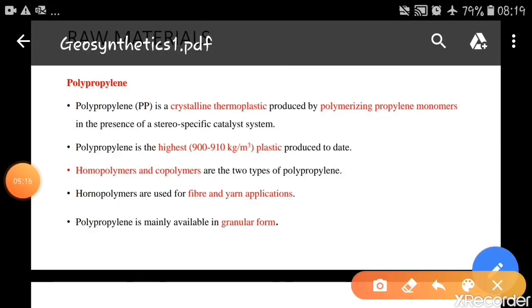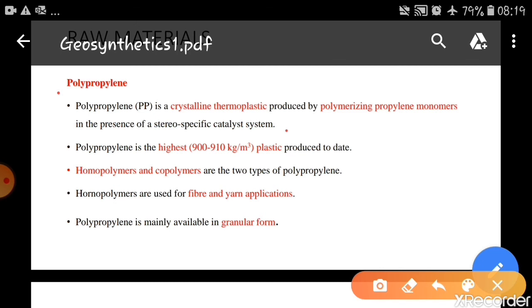Next we have the material called polypropylene. Polypropylene, also called PP, is a crystalline thermoplastic produced by polymerizing propylene monomers in the presence of a stereospecific catalyst system. Polypropylene is the lightest plastic produced to date.